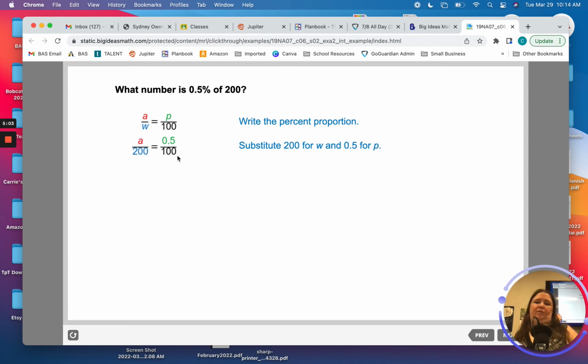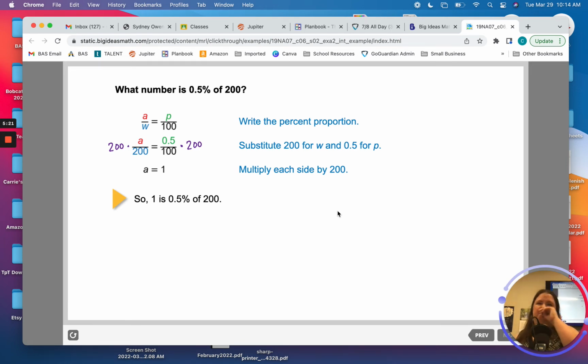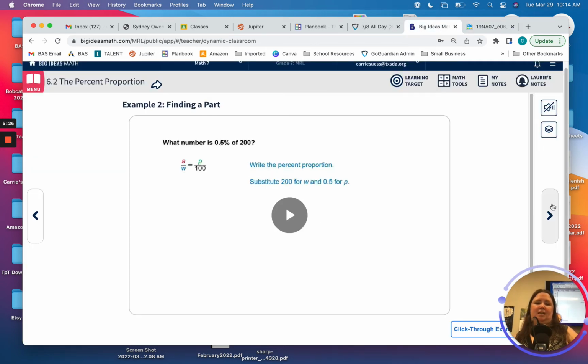So 0.5 times 200 divided by 100. What do you get? 1. Excellent job. So 1 is 0.5% of 200. Good job, Mac.